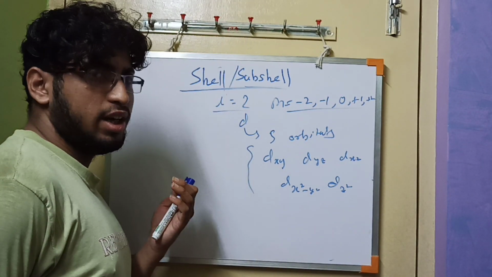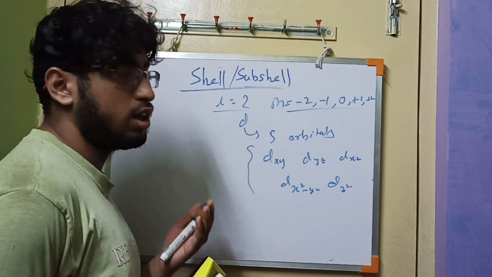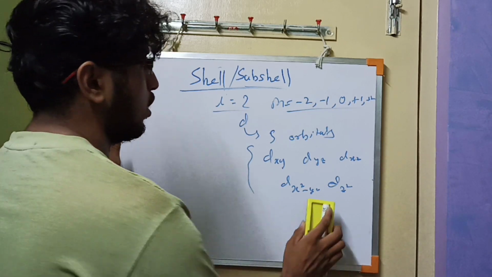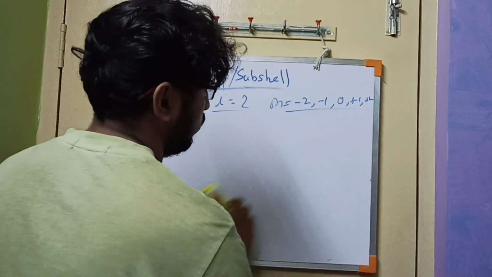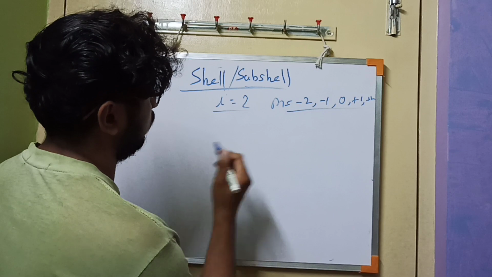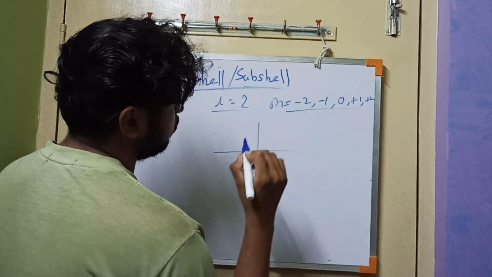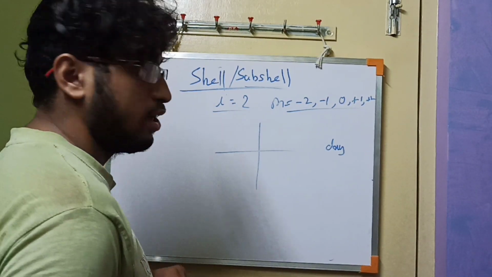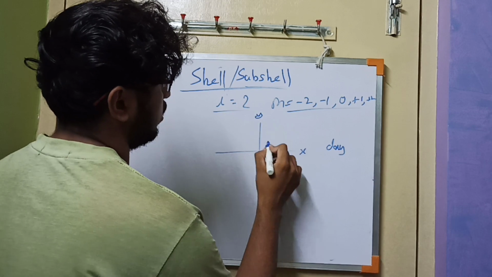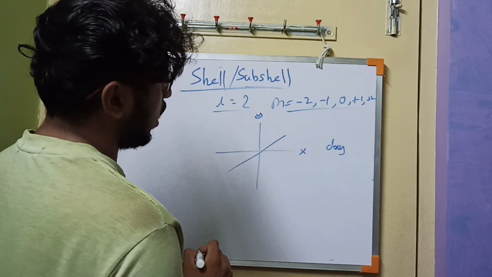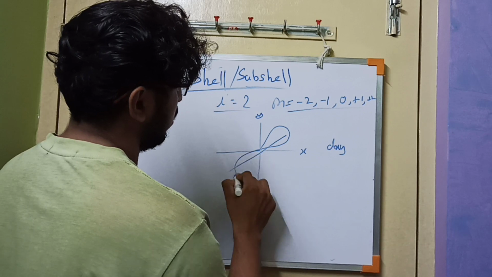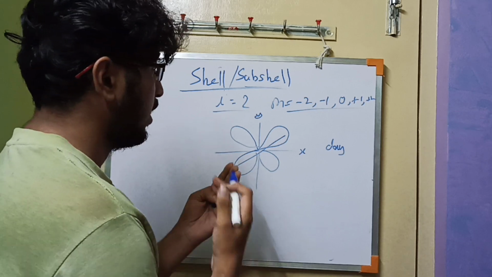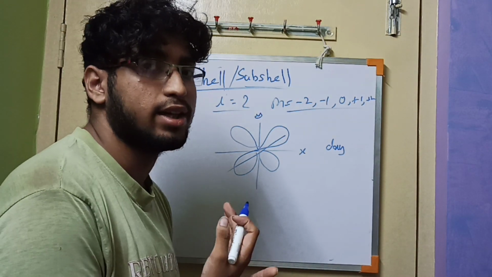It is much harder to draw 3 axes on a 2-dimensional board, but still we can try in 2D. If we want to draw dxy, this is the x axis, this is the y axis, this is z; dxy will be in between the x and y axes, that means in the plane of the x and y axes.